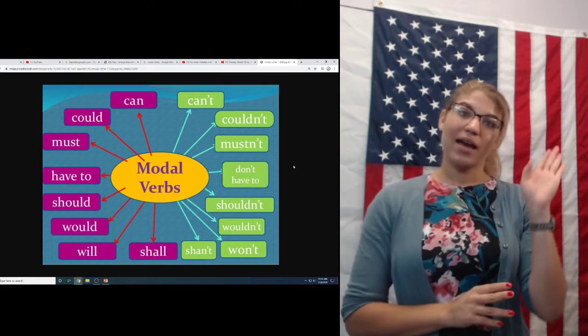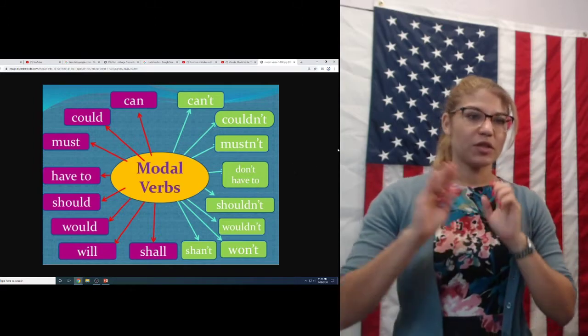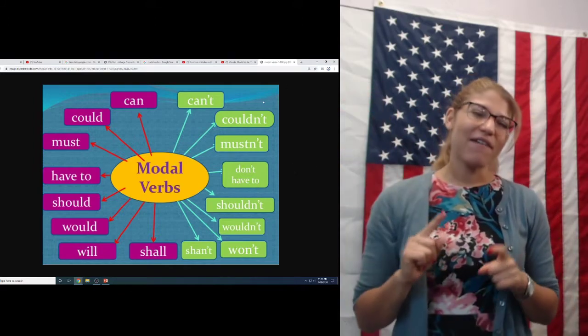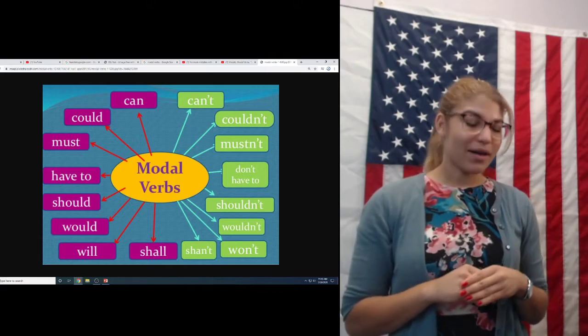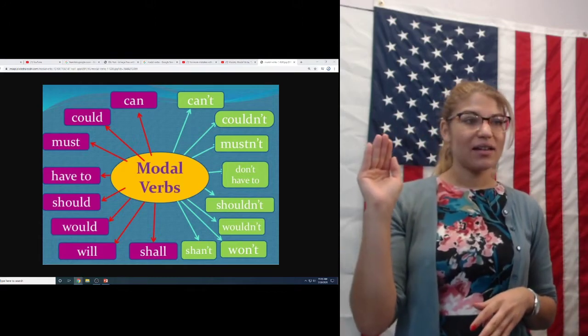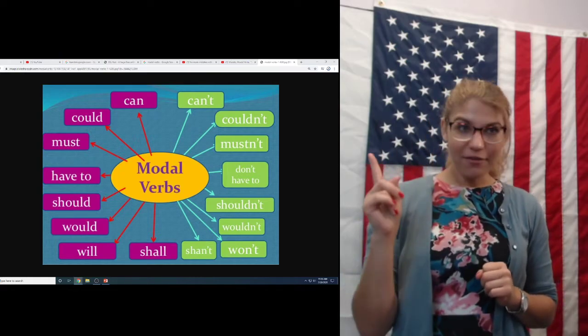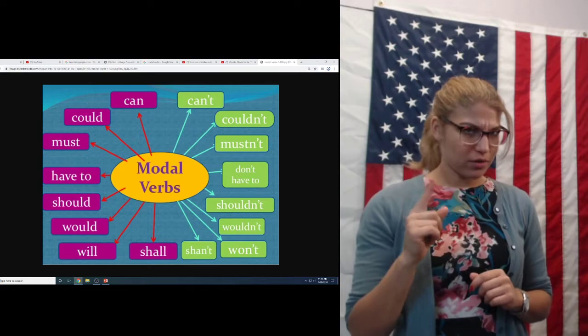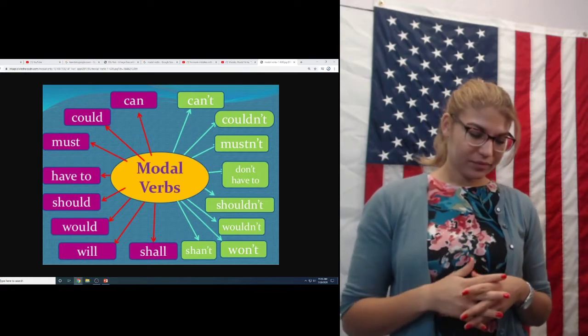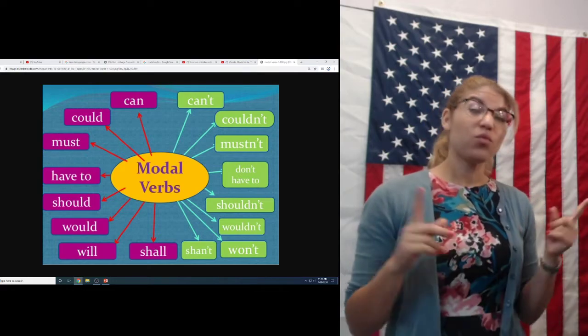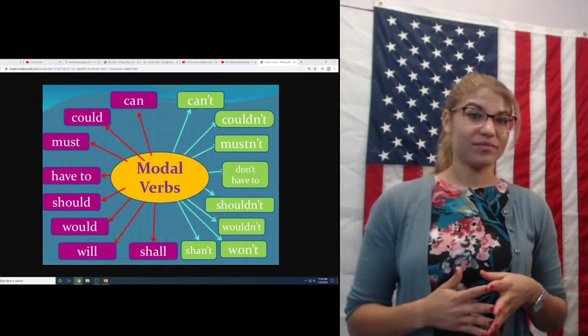On one side, we have the form in the positive. I can, I could, I must, I have to, I should, I will, I would, I will, I shall.